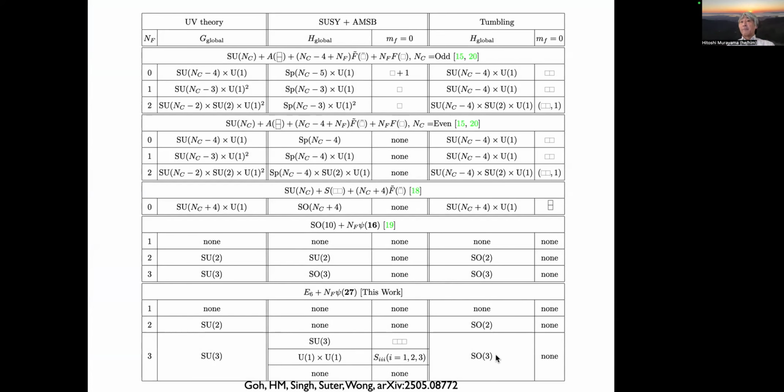And right now, the verdict is still not there. So we don't know which one is right, but at least here, I can claim that this is an exact result, including non-perturbative effects, as long as supersymmetry breaking is small compared to the dynamical scale of the theory.